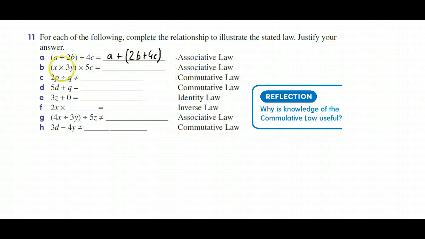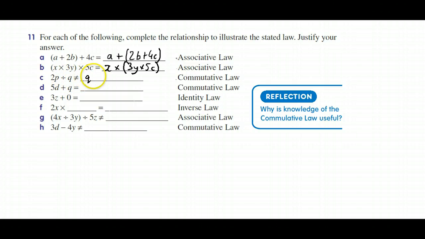And that will hold true for multiplication as well. So if we change this to x times, and then we put in brackets 3y times 5c, it will be exactly the same as this first part here. That's why it's equal. In the third one, we've got the commutative law, which means if we swap the order of the terms around, for division they won't be equal.